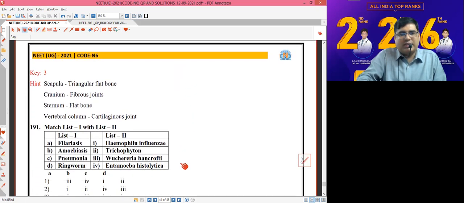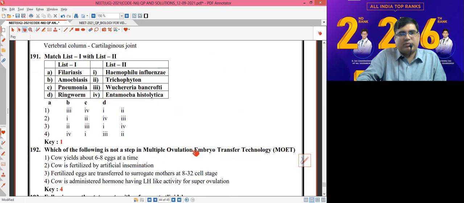Here we go with the next. Again, a match column question. Filariasis, we know about it, is caused by Wuchereria bancrofti. So A with 3 is the only option which is available. Then we can correlate the rest. C with 4, Entamoeba histolytica, causing amoebiasis. Human health and disease chapter is there in relation. D with 1, ringworm, of course.